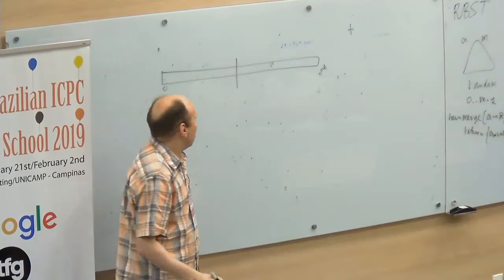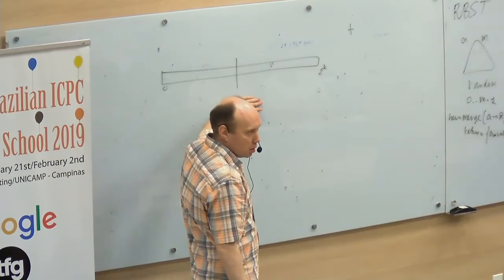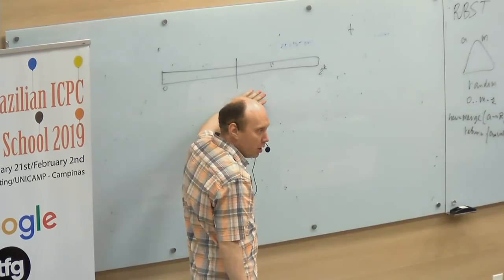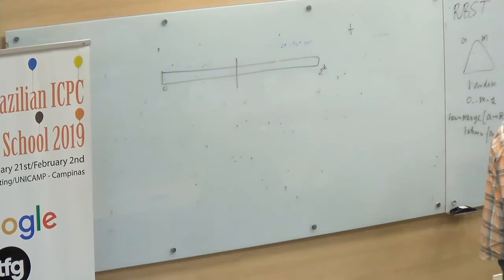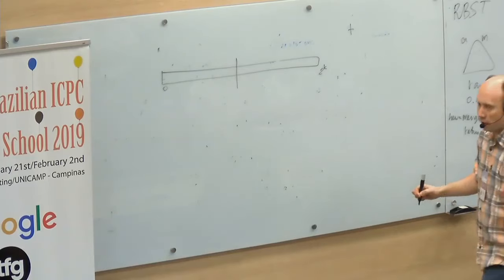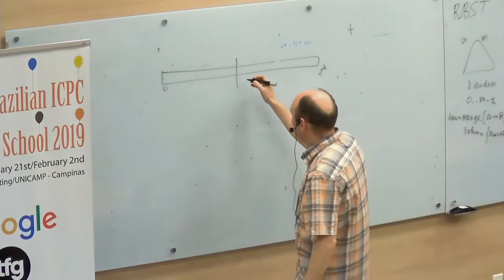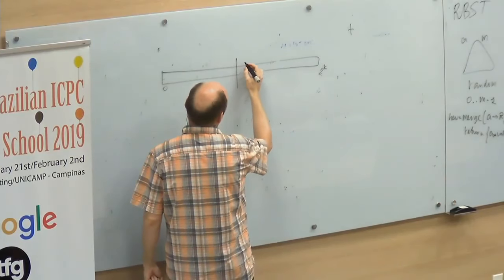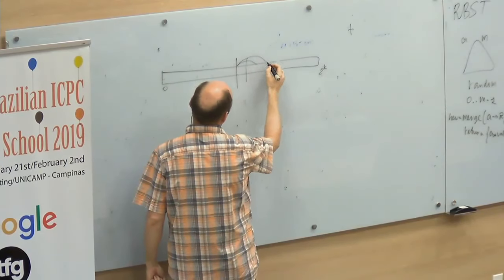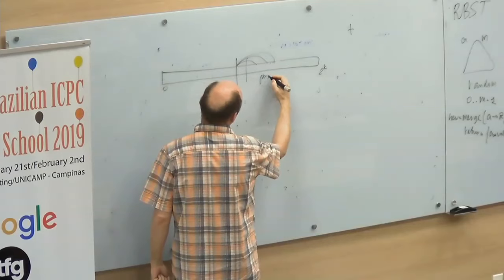Okay. So check the middle of our segment, or of our array, and for every value to the right of the middle, calculate the prefix sum from the middle to this value. So this value, this value, this value, this value, prefix sums.